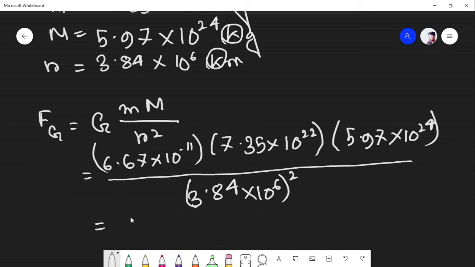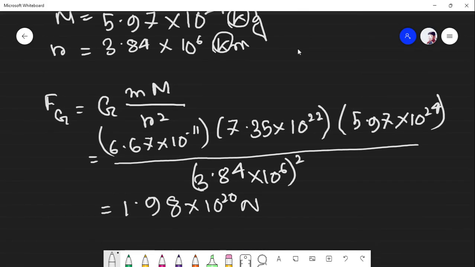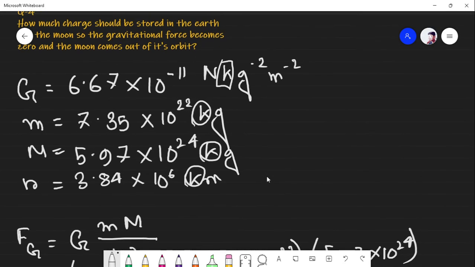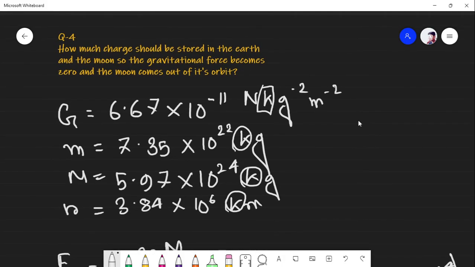Let's calculate. This will be equal to 1.98 into 10 to the power 20 newtons. So this is the force acting between the earth and the moon.